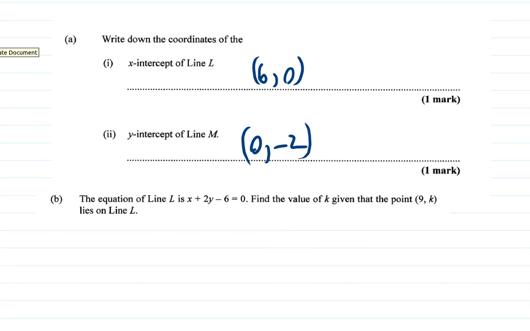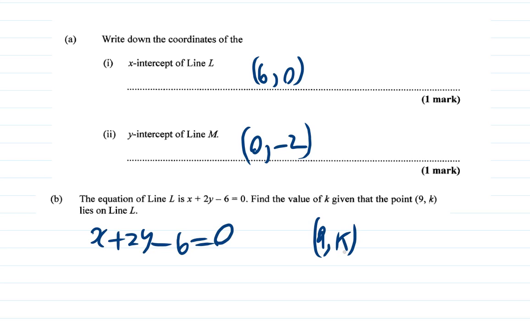What you have to do is this. You have x plus 2y minus 6 equals 0. Now, at (9, k), you can see that x equals 9, y equals k.